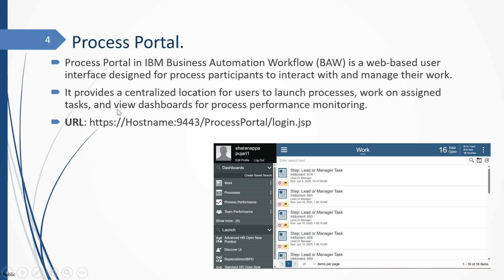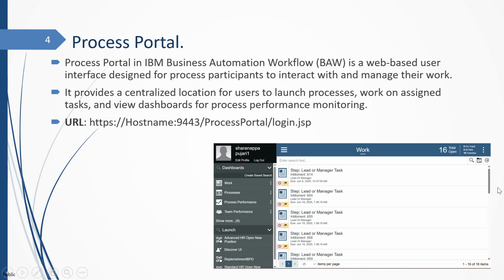In Process Portal we can view the dashboards, and also see the process performance. Process Portal can be accessed using this link, which is the hostname followed by the port number and /portal.